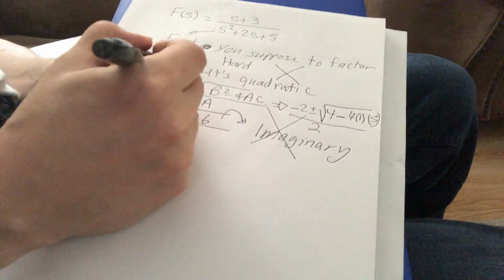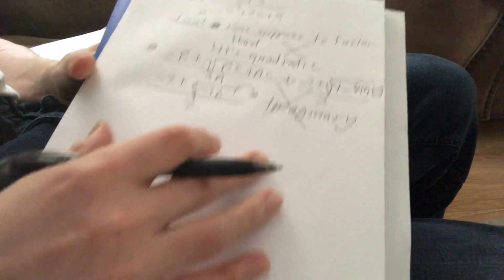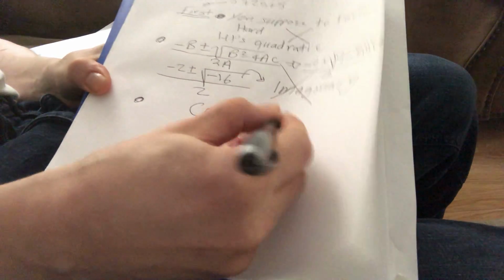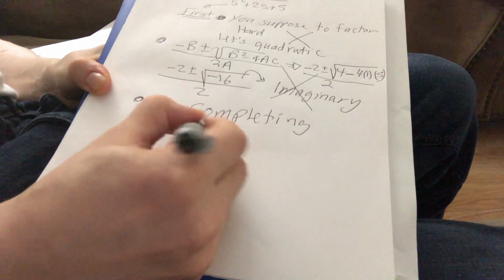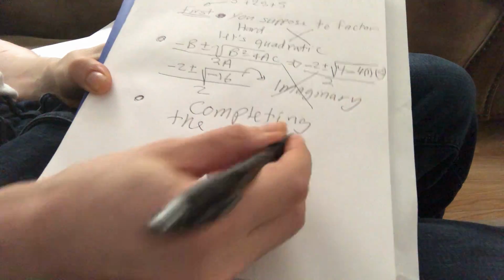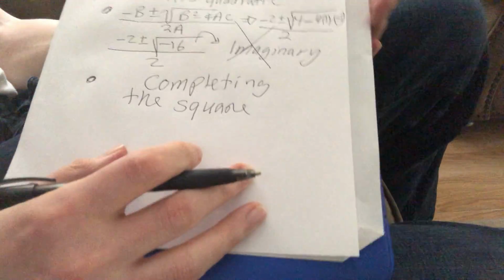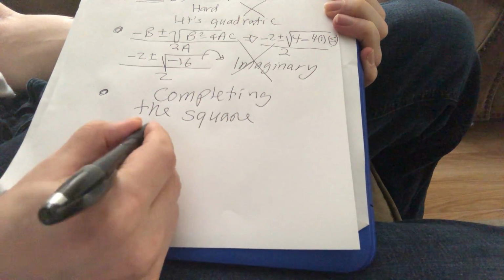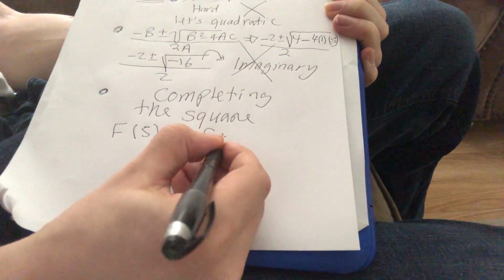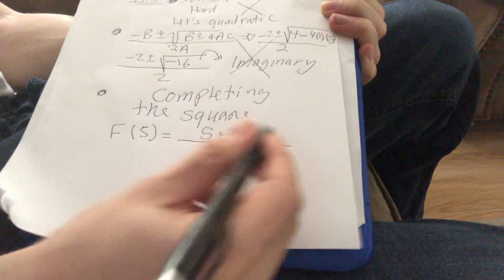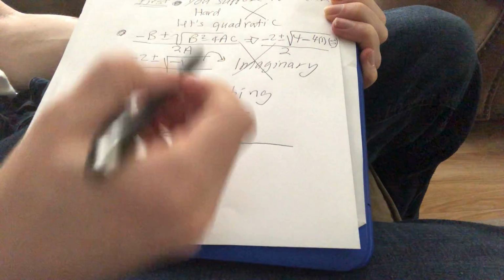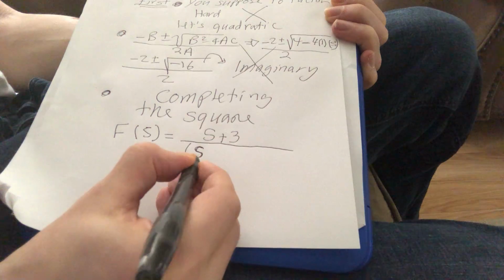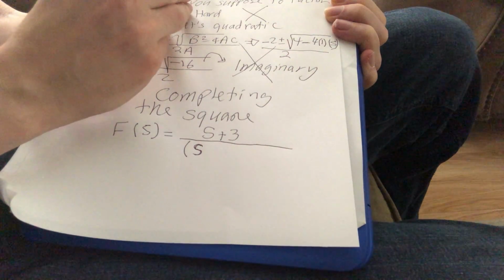When this doesn't work and this doesn't work, you need to do what's called completing the square. So to complete the square for this, you have s plus 3. Now for the bottom one, we take s first, and we take half of this number.